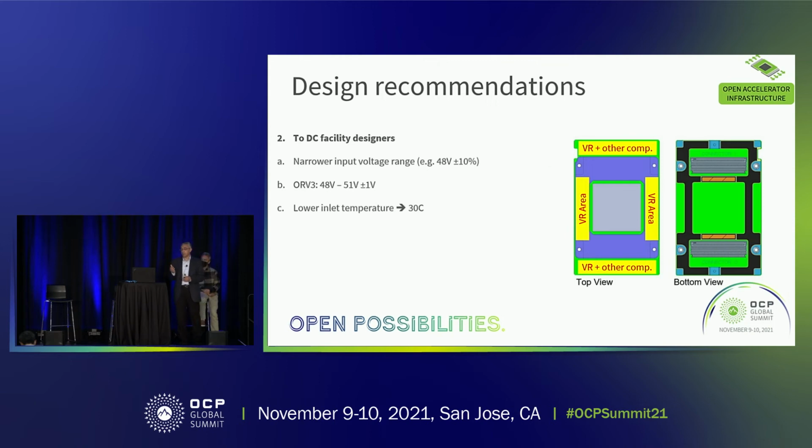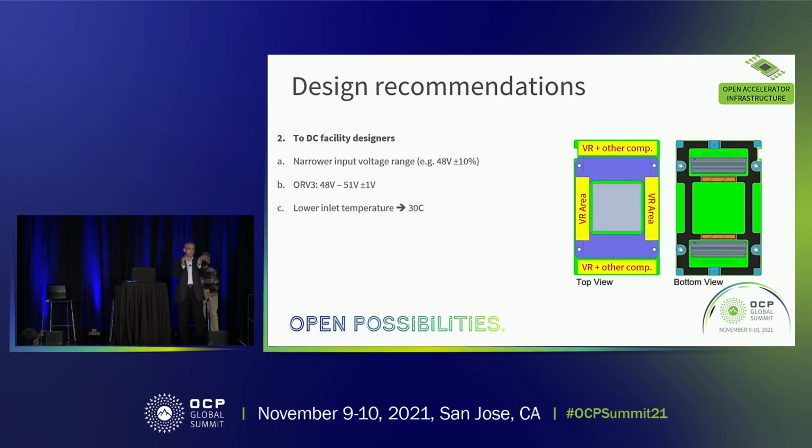Second message is for the data center facilities. Okay, help us also. Don't ask for higher power without narrowing the input voltage range. We heard early this afternoon, the OpenRack V3, they are asking for a narrower range, 48 to 51.